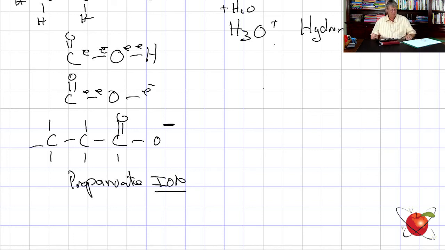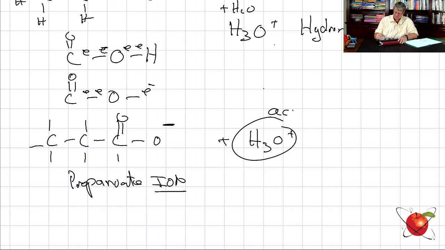That reminds me, I still need to do alcohols: the simple and the primary, secondary, tertiary alcohols. Propanoate ion, and H3O. Here is the acid portion, and that forms the conjugate base, but we'll get to that soon. This is the propanoate ion, okay?